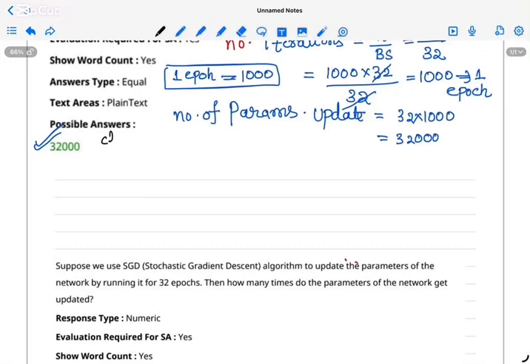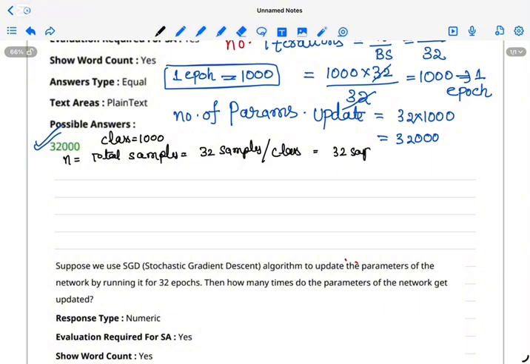So the number of classes equals 1000. In the above question, the total number of samples, that is n, equals 32 samples per class.